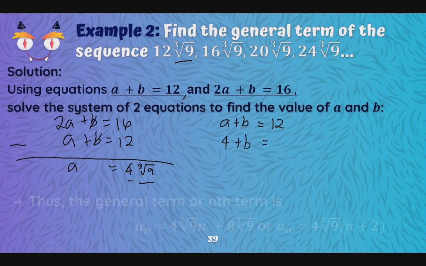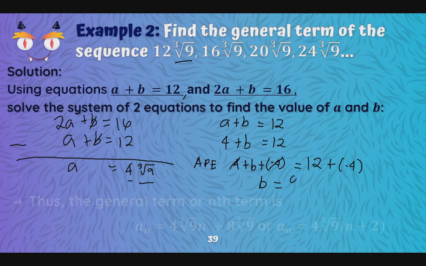Gamit tayo ng addition property of equality, mag-add tayo ng negative 4 both sides. Hanapin natin yung additive inverse ng gusto nating mawala. Gusto natin magsulo lang si B sa kaliwa, di ba? Kailangan itumba na si 4. So, 4 plus negative 4 is 0. Maiiwan na lang si B. B is equal to 12 plus negative 4 is 8.